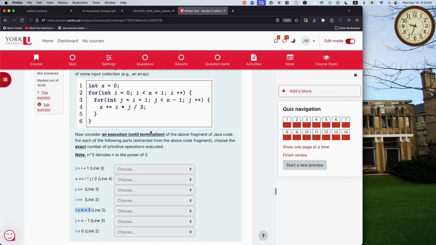I would tend to think, let me just see over here. For each of the following part extracted from, choose the exact number. Okay, so we talk about an execution until termination. So you want to think about how many times this one here is executed over here.